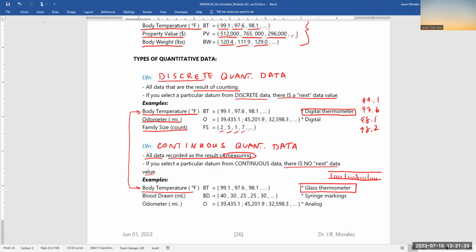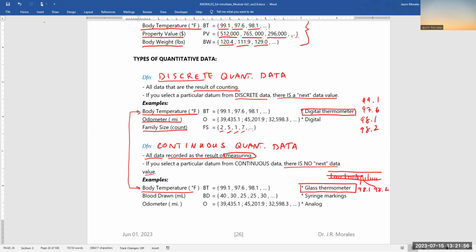Something like that. And you tell the temperature by looking at how far that liquid on the inside has traveled up the thermometer. And so where this stops could actually be somewhere between 98.1 and 98.2.